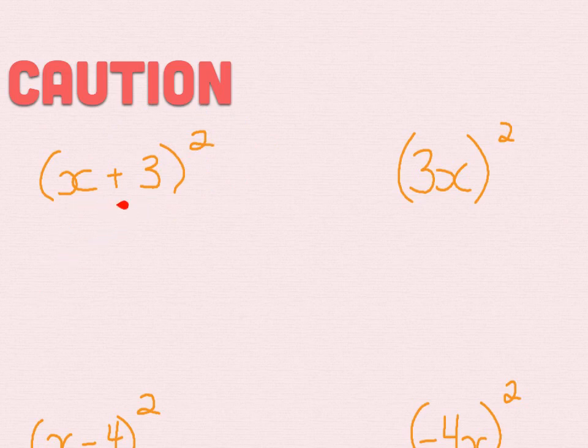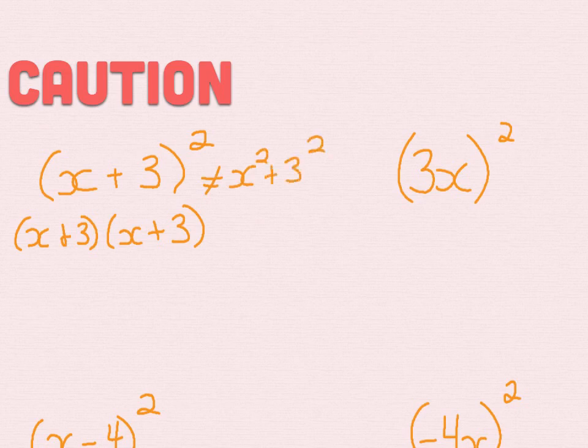When you have an addition or subtraction inside these brackets, you do not multiply the 2 inside. In fact, this just means x plus 3 times itself. Okay? It does not mean x squared plus 3 squared.